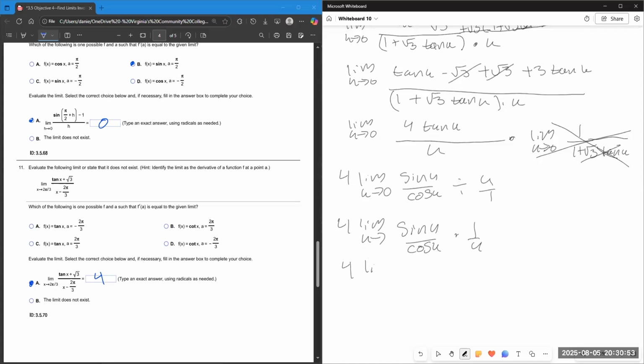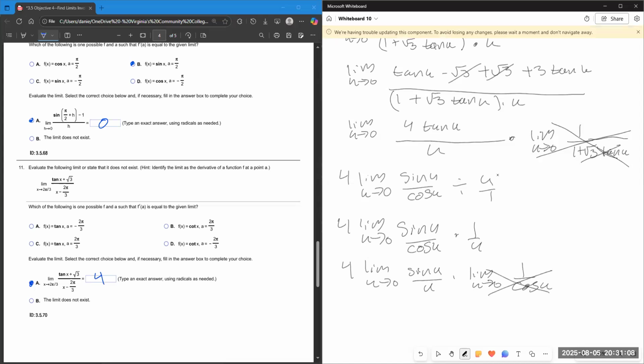So this is 4 times the limit as u goes to 0 of sine u over u, times the limit as u goes to 0 of 1 over cosine of u, and this goes to 1, so that doesn't matter. This is 4 times 1, which is 4, and that's the same answer that I got before, but using my analytical methods with my identities instead of using derivatives.